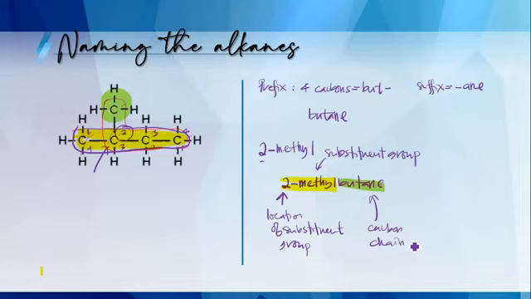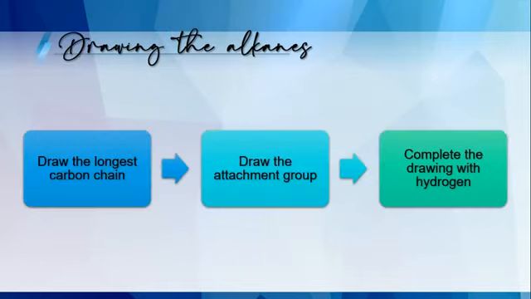If more than one substituent group can be found in the compound, for example if there are two methyls, it becomes dimethyl in the name. Maybe you're going to come across it later. You can also see other examples in the textbook.